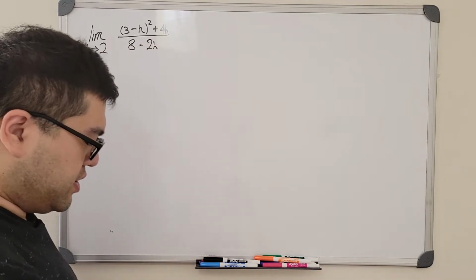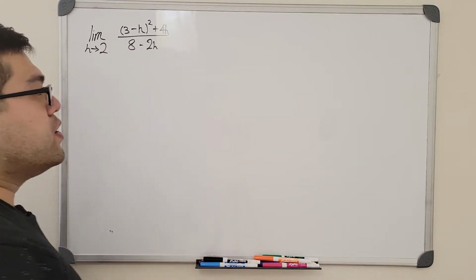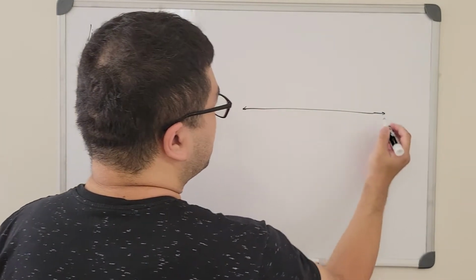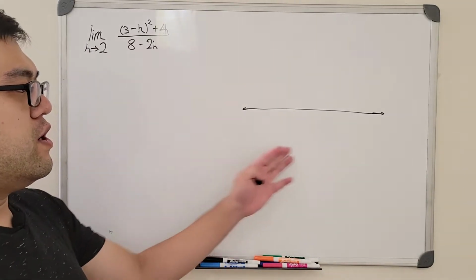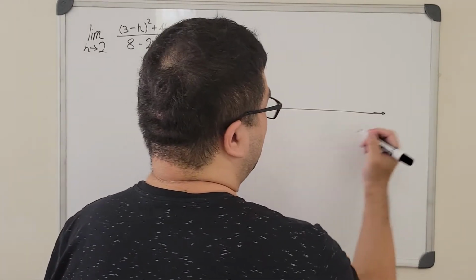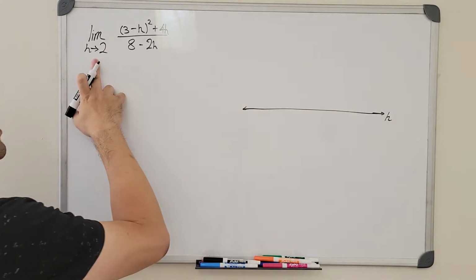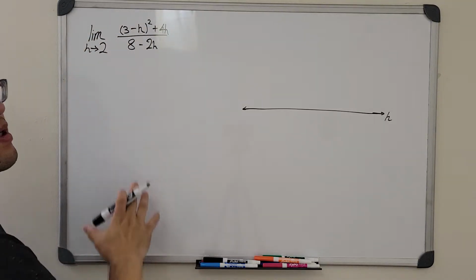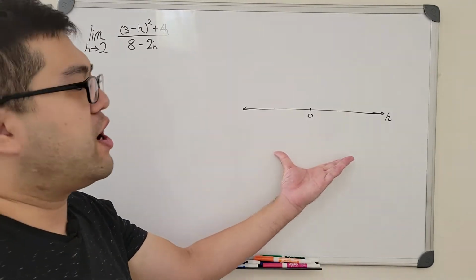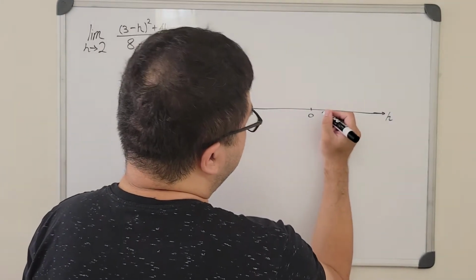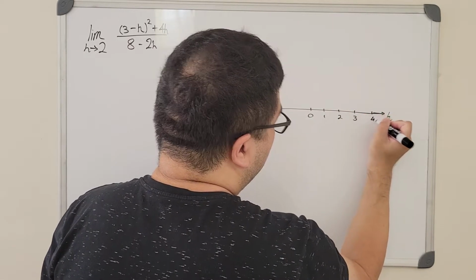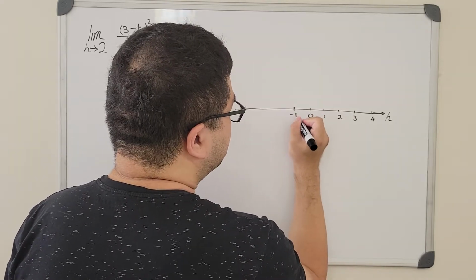What that means graphically, when we look at the number line, is this. Instead of the variable x, we're going to use the variable h, which is the variable in this expression. Here is the number line for the variable h.